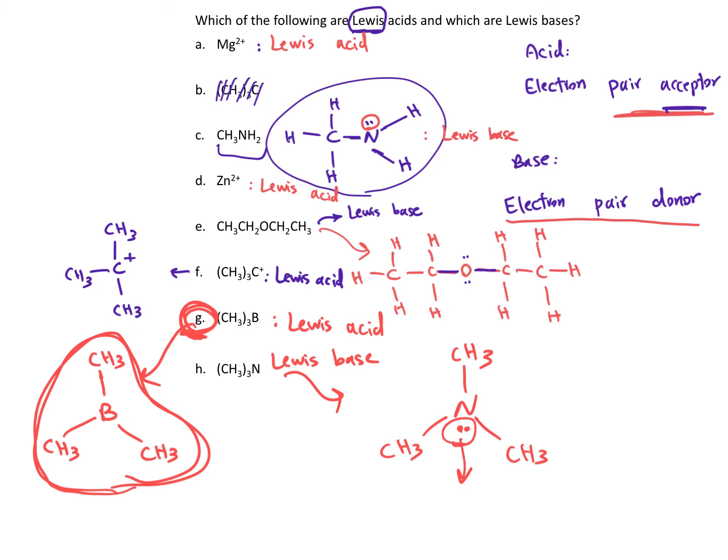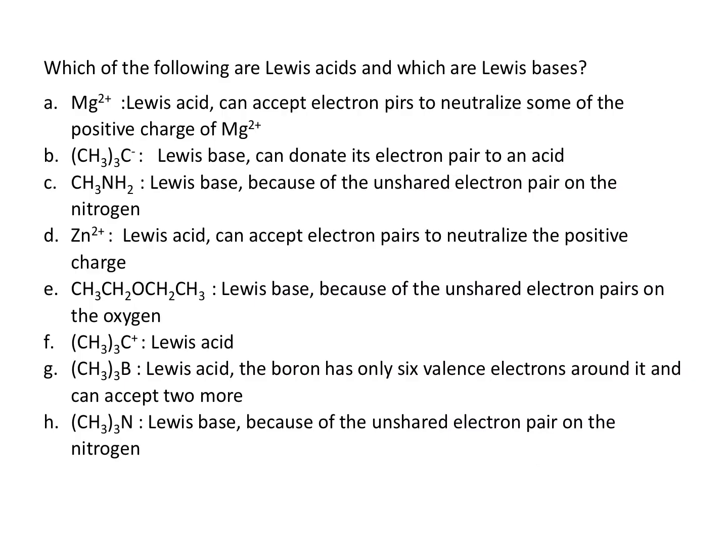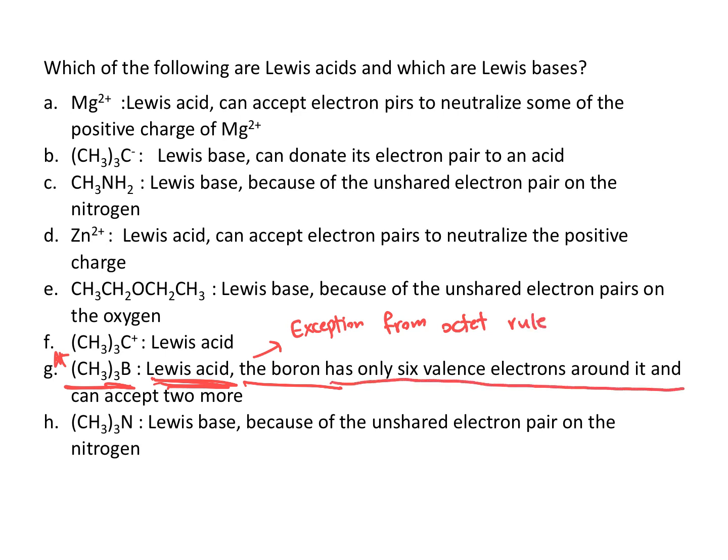Good. And as always, in the next slide, let me see here. So this structure, as I said, is the tricky one, which is an exception from the octet rule. The boron has only 6 valence electrons around it, and it can accept 2 more.